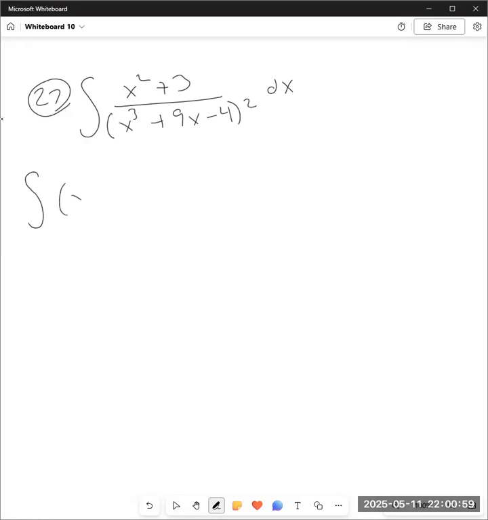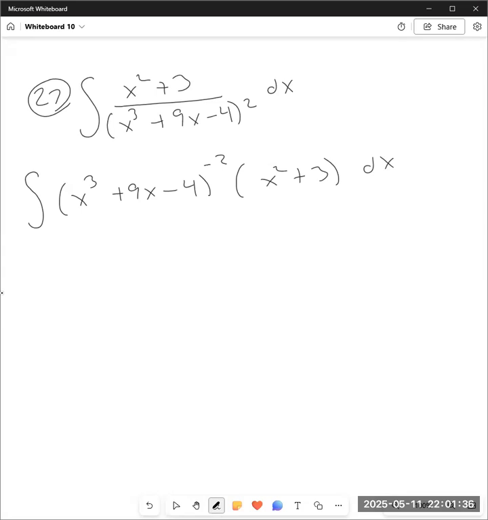So we have (x to the third plus 9x minus 4) to the negative second, and I have x squared plus 3 dx. All right, let's see what I need to do to x squared plus 3 to make it f prime of x dx.